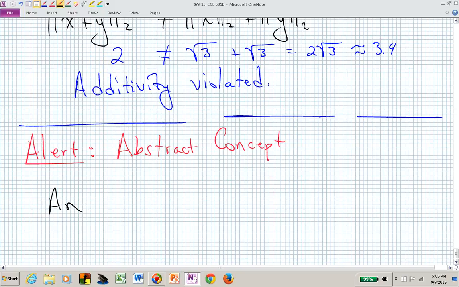We want to discuss the fact that you can create a vector space out of linear maps.